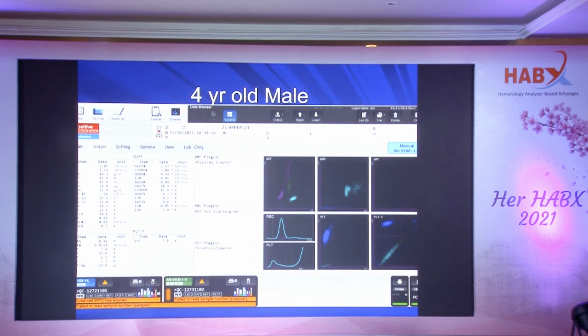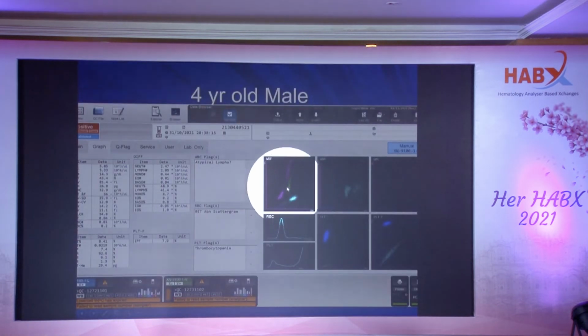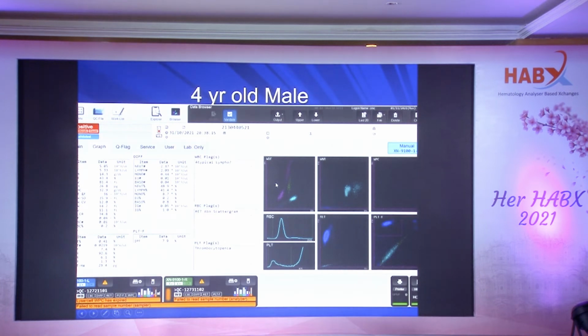So I've got a 4-year-old male who has got fever and comes with low platelet counts. Look at the platelet count, 36,000. Look at the scatter plot. This is something that Tina is going to talk about tomorrow. I don't want to break the suspense.